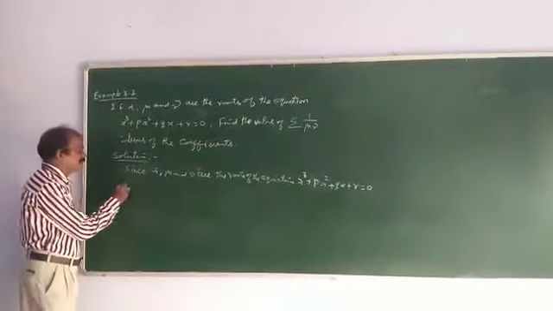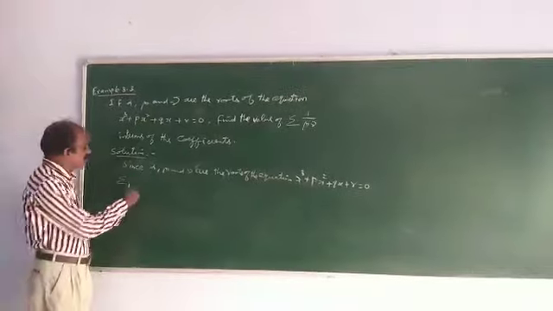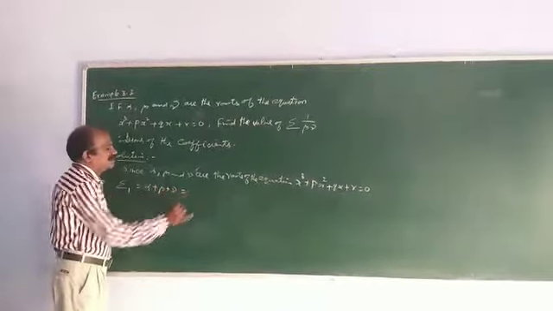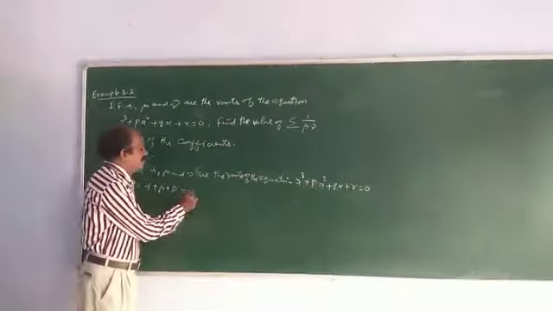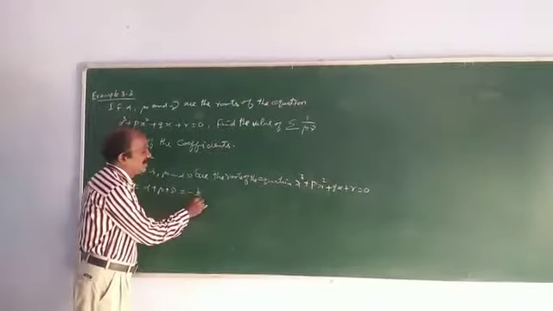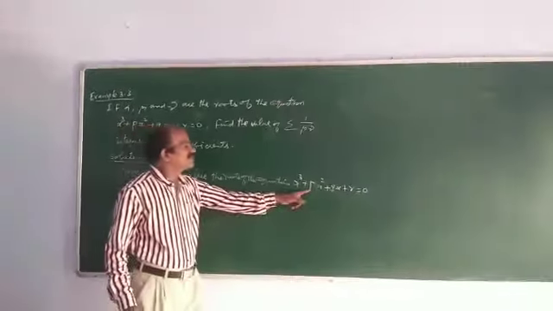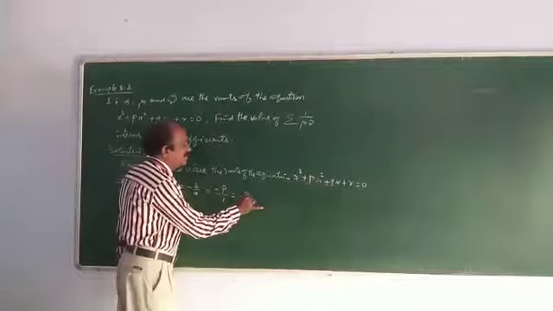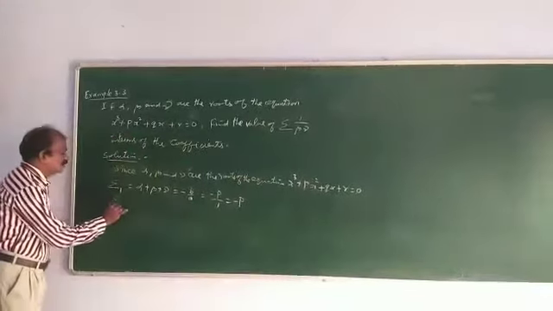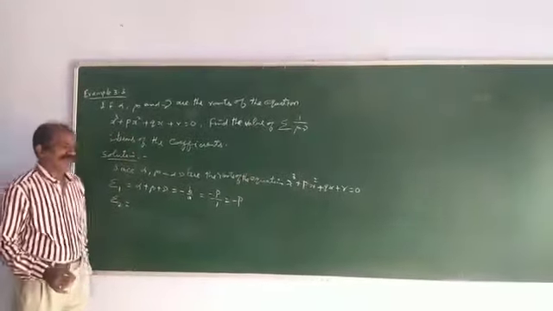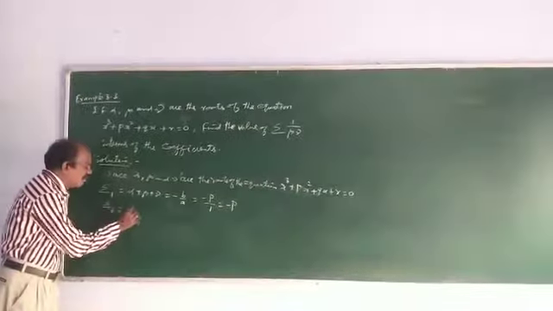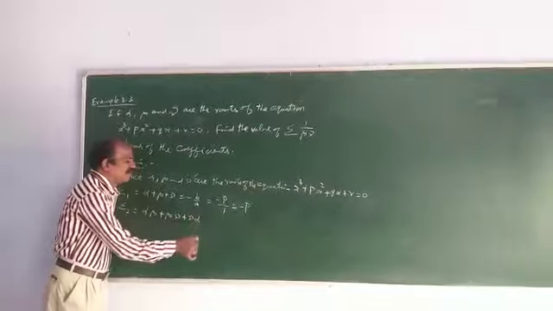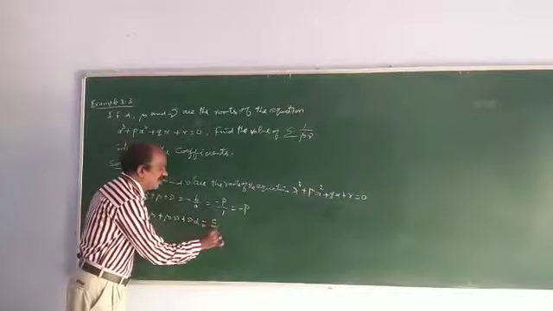Here sum of the roots, sigma 1, is clear: sigma 1 is alpha plus beta plus gamma equal to minus b by a. Here the value of b is p, so minus p by 1, that is equal to minus p. Sigma 2, product of two roots, that is alpha beta plus beta gamma plus gamma alpha equal to c by a.